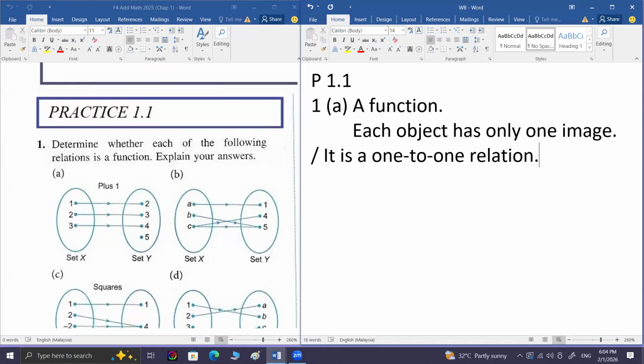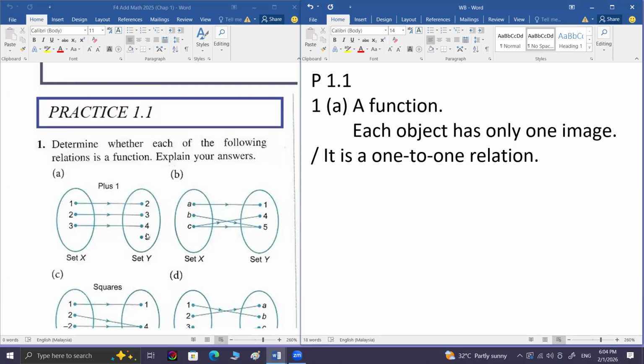So I repeat the first one, class. The first one is a one-to-one relation. First thing is to make sure that the object is on your left and the image is on the right. All the objects must have an arrow out, okay? And if you don't have an arrow in for the image, it is accepted.